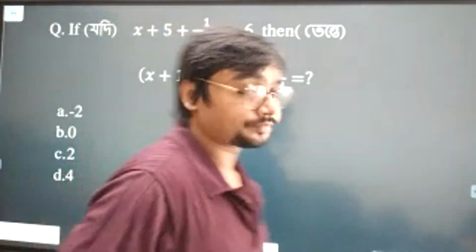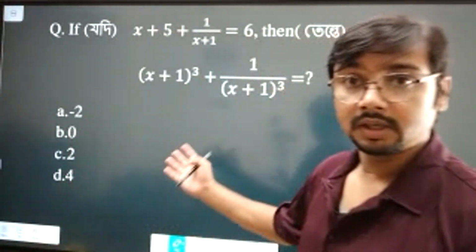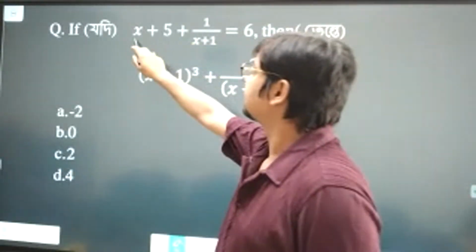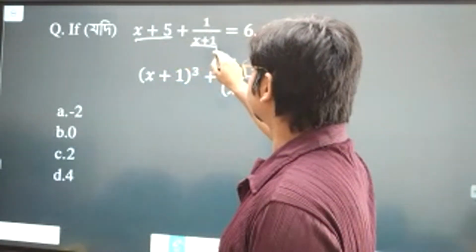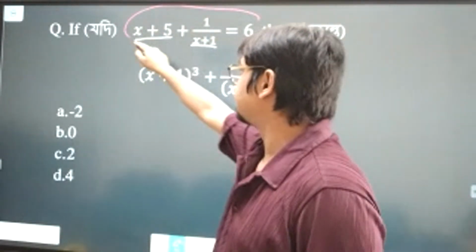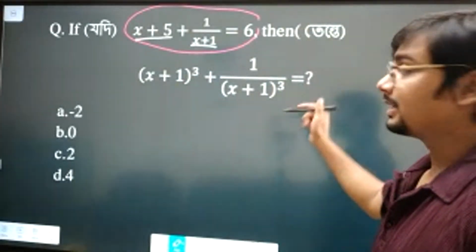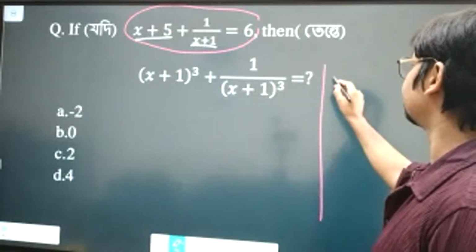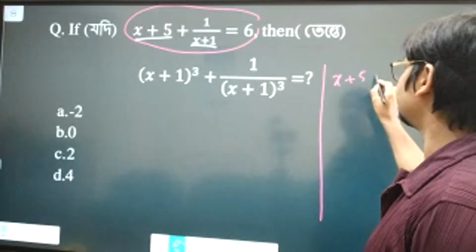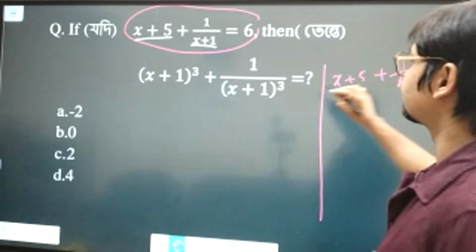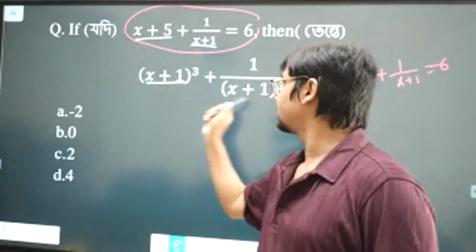You see here, how can we solve this question? x plus 5 plus 1 upon x plus 1 is equal to 6. This is given, but we need to find this value. So similarly, we just try to simplify. Here you see x plus 1, x plus 1.